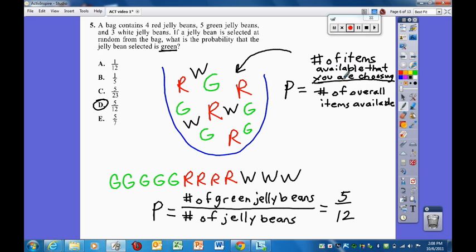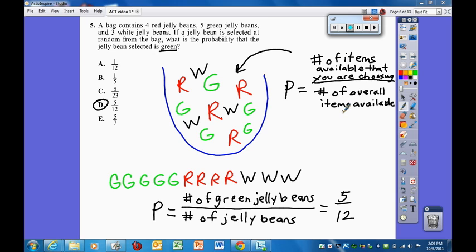If the number of items available that you are choosing, well, I'm choosing green, how many are in there that are green? It's another way to say that. And then divided by the number of overall items that are available. How much is there that I'm having to deal with as I reach in there? And, of course, that gives us our 5 out of 12.